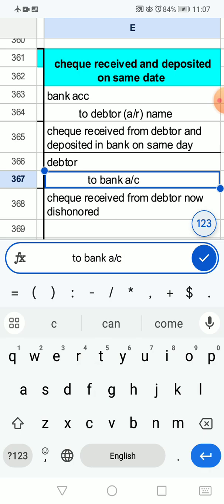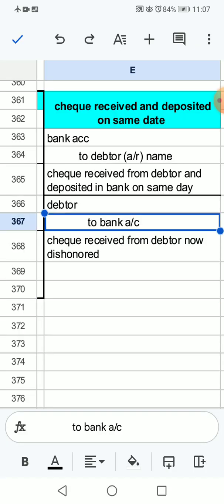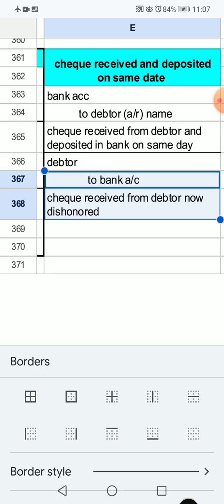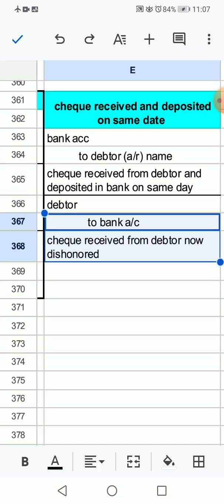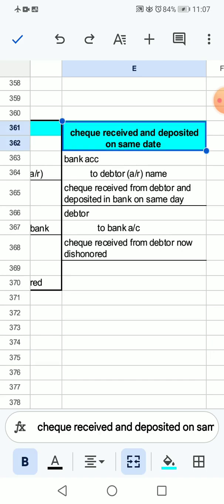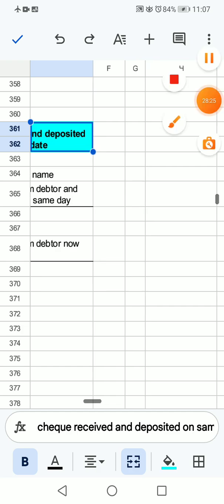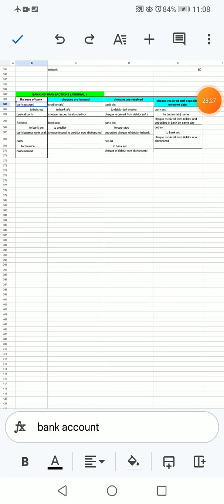In this way, dishonoring entry has been complete, and our next stage has also been completed. This way, we have only two entries for check received and deposited on the same date. We will proceed now to the next stage. Alright, here you have completed your four stages: first, second, third, and fourth.